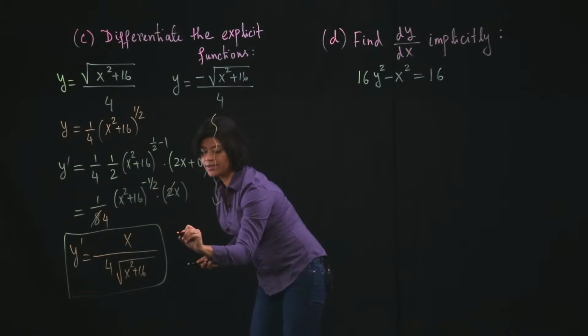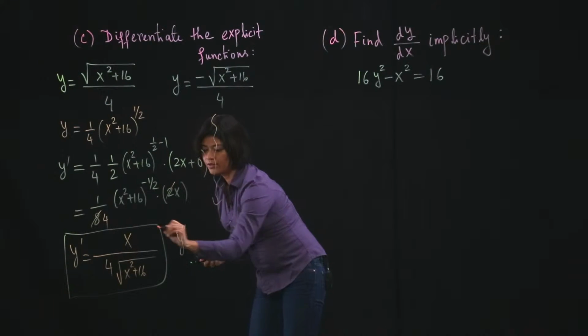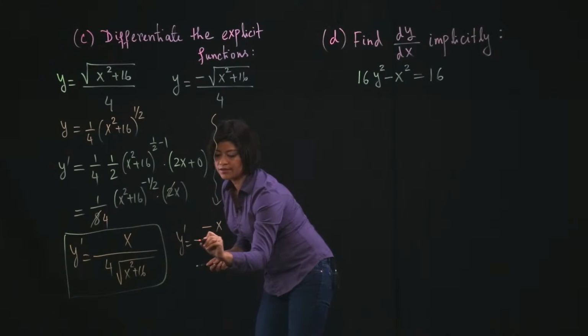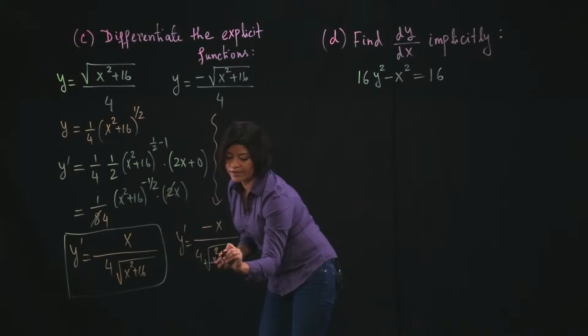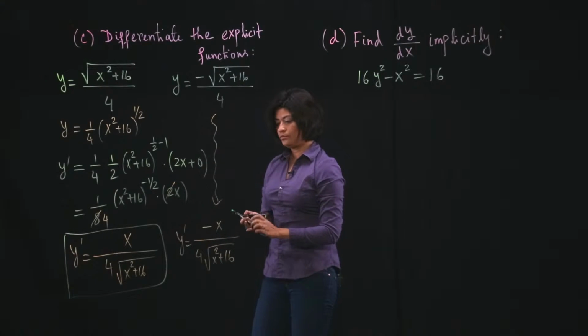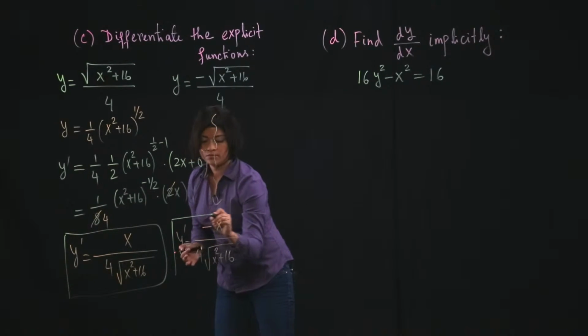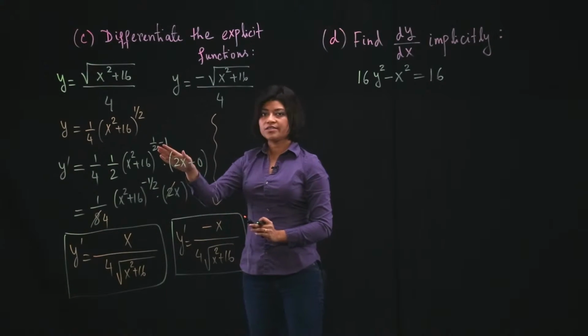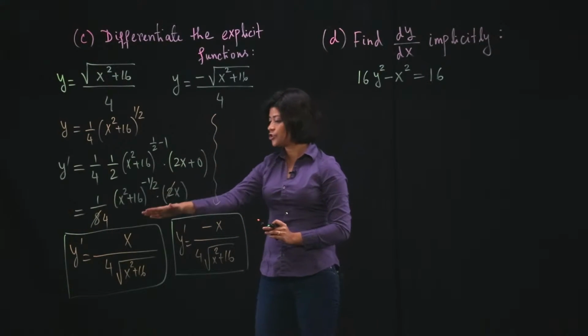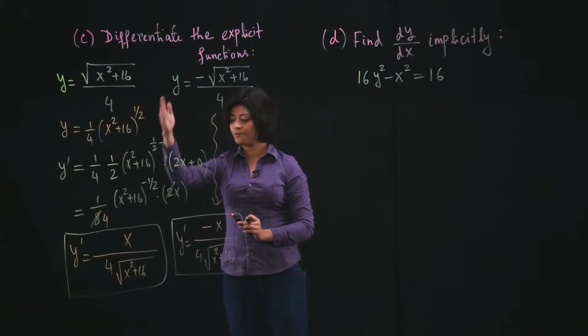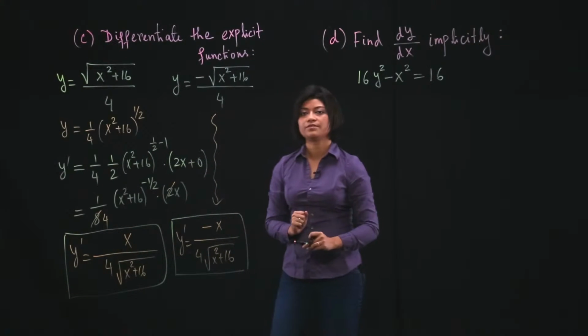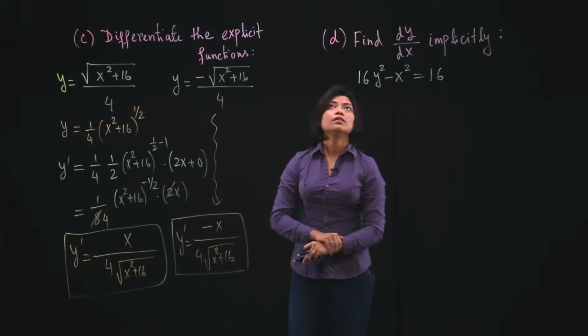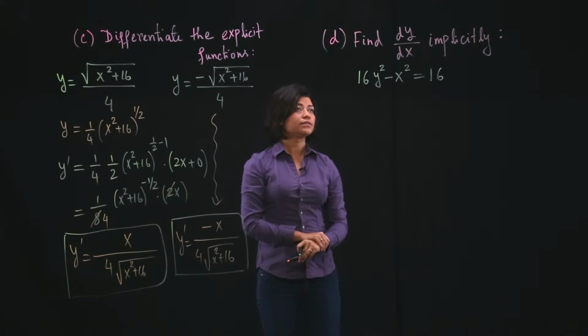You know right away that this derivative will be negative x divided by 4 square root x squared plus 16. All right, so in part C, we have differentiated both the explicit forms, and we got our 2 derivatives here. Let's move on to part D.